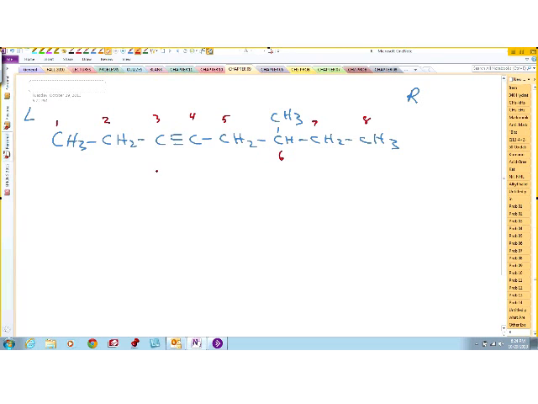So what are we going to call this molecule? What is it? 6-methyl, very good. 6-methyl-3-octyne, very good.